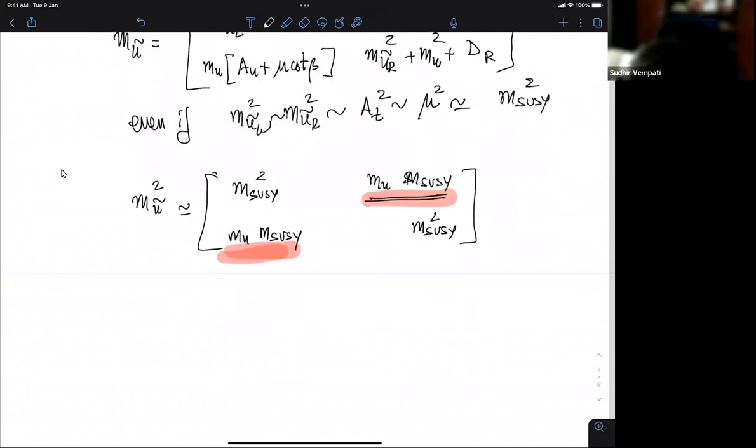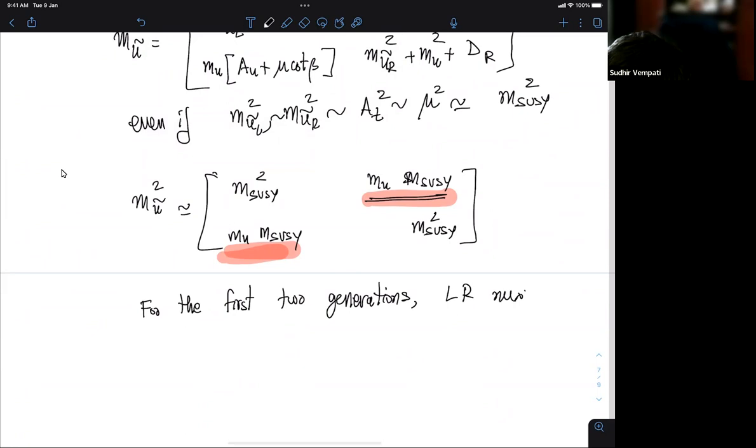So for the first 2 generations, left-right mixing can be safely neglected.